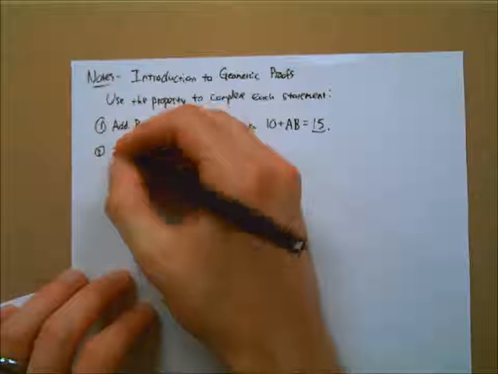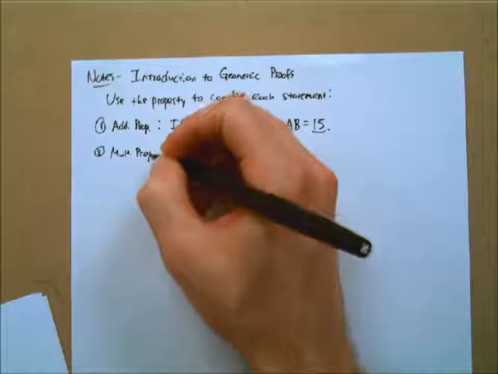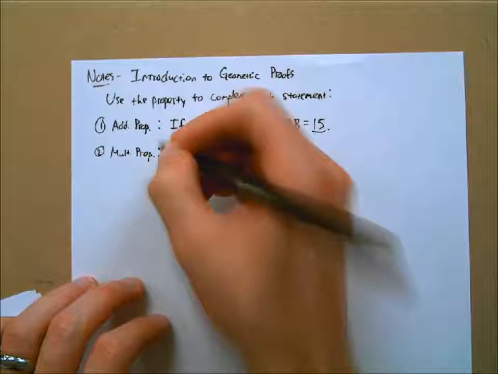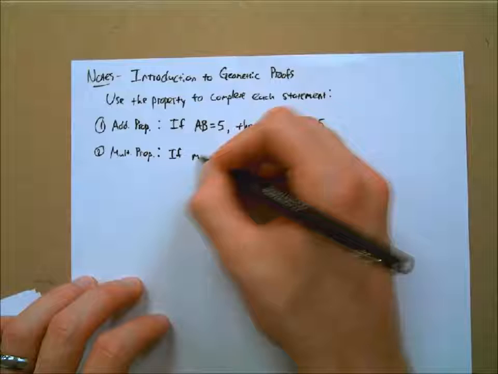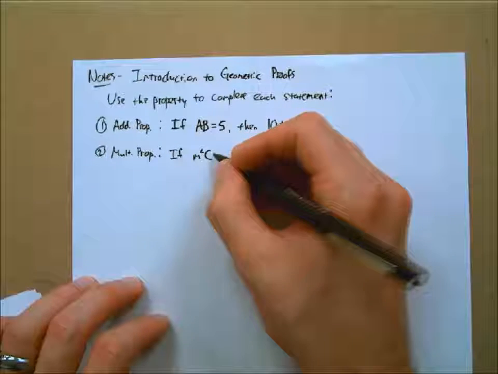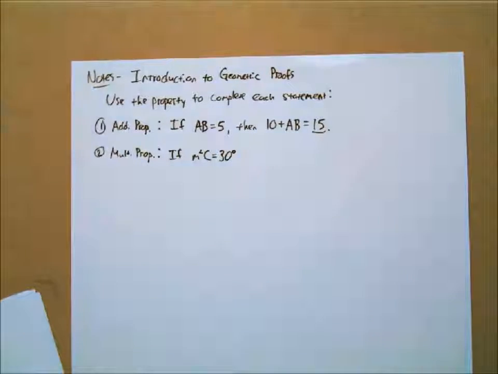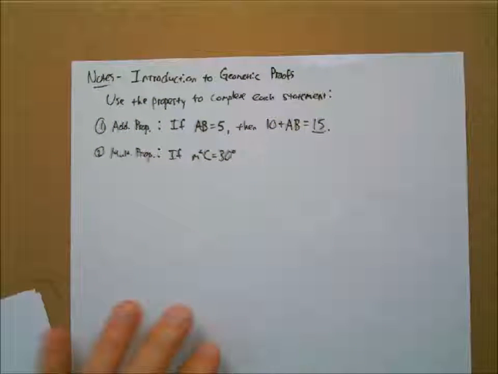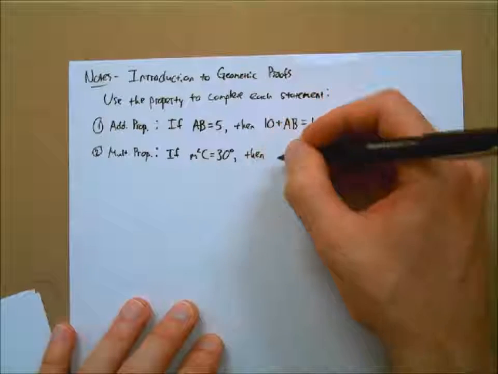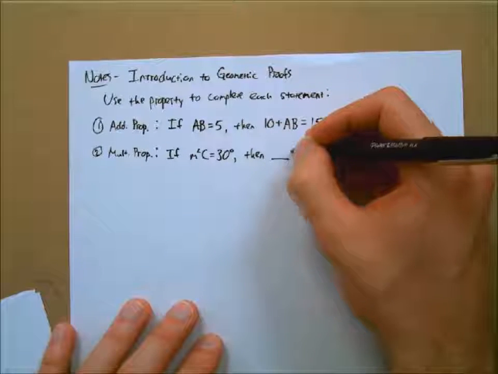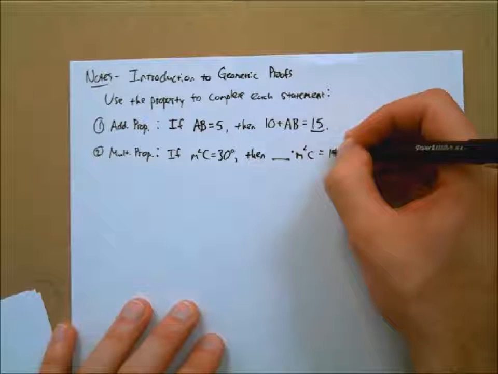All right, let's do a multiplication property example. If the measure of angle C is 30 degrees, then what times the measure of angle C equals 15 degrees?